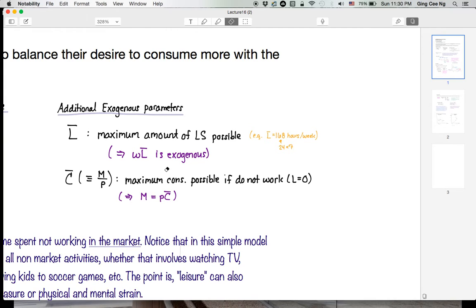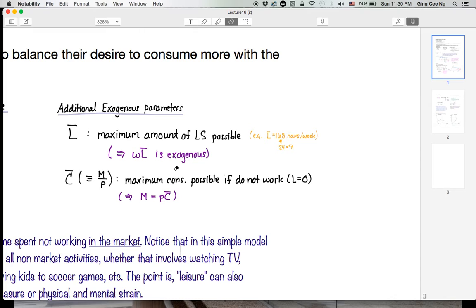That's actually exogenous in the sense that the maximum amount of income that you could possibly make, if you devote all your hours available, your time endowment, towards working, multiplied by your wage, is something that's exogenous.